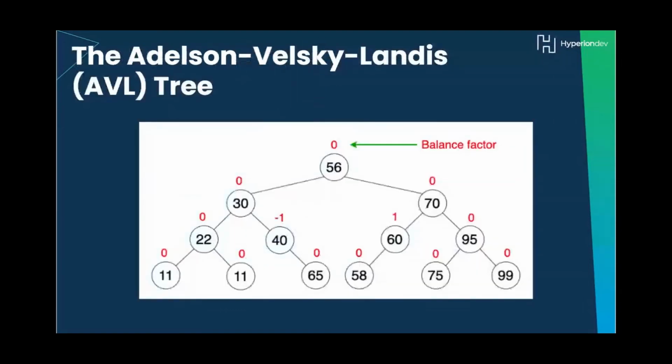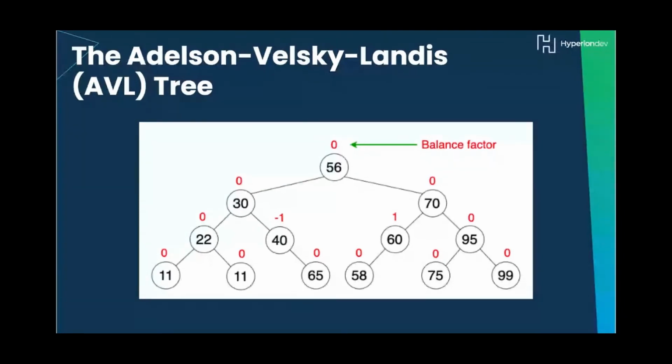Next, we have the Adelson-Valsky-Landis tree, or just AVL tree. And as you can see, the data structure is named after the creators of the tree. The tree has self balancing characteristics, which is unique. The heights of two subtrees from its root nodes are limited to 2.